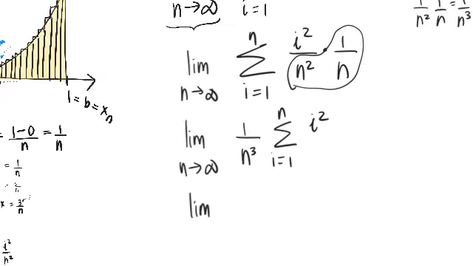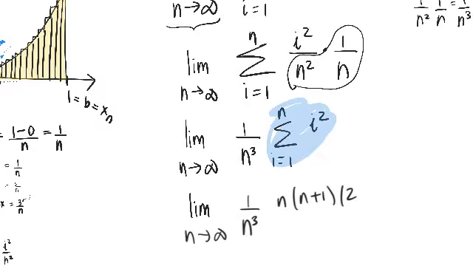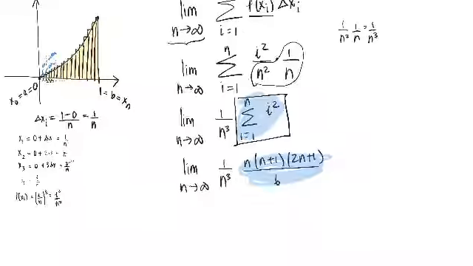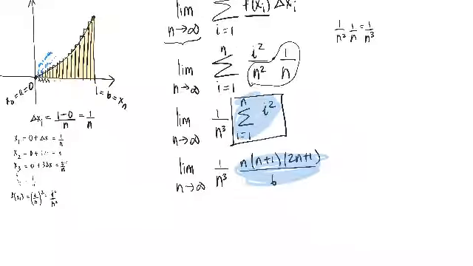Okay, now guess what? This is that quadratic series that I showed you before, and so I know that it has its formula, which is n times n plus 1 times 2n plus 1, over 6. It will always work out to this sum, right? So I can write this whole blue thing as this right here, okay? And now we can actually find a limit.